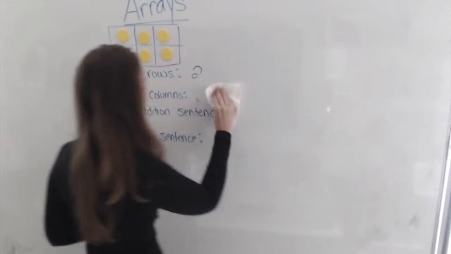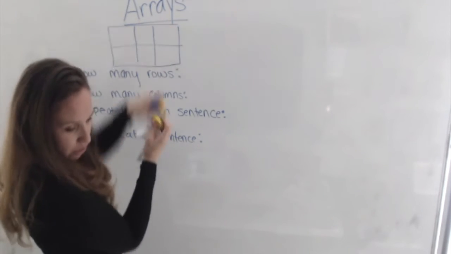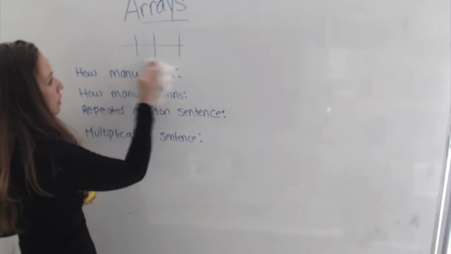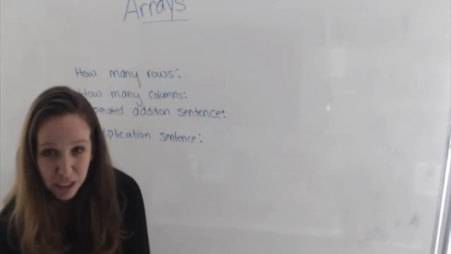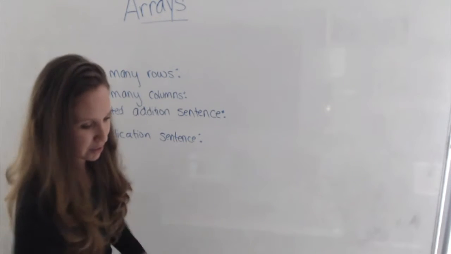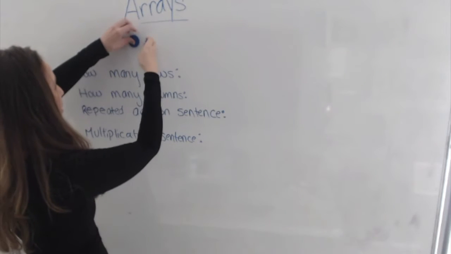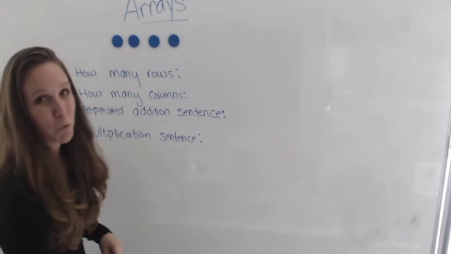So for the next problem, this one was a little trickier. Not because it's any harder, but because I kind of tried to trick you with only one. With only one what? Is it a row or is it a column? Okay? We have only 1 row.